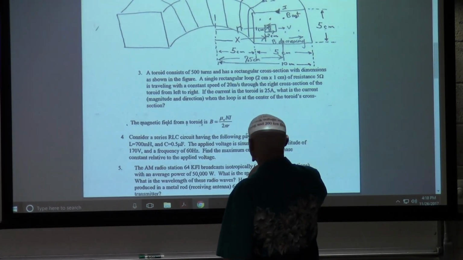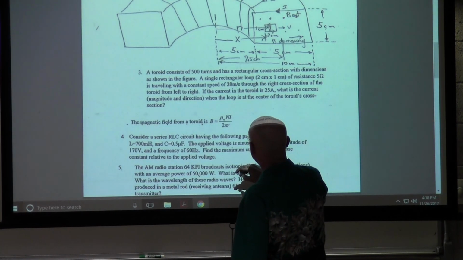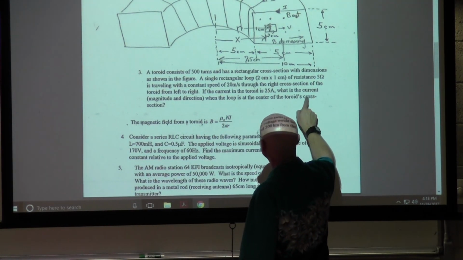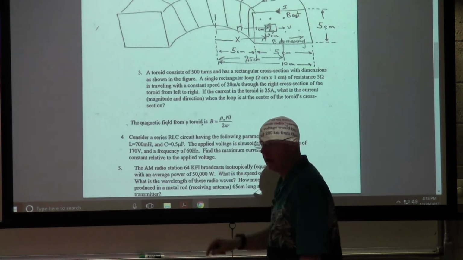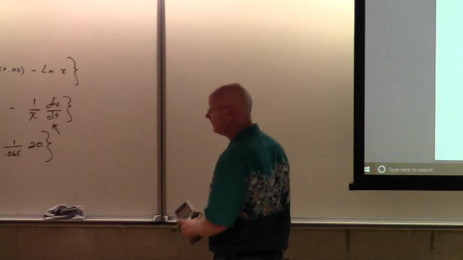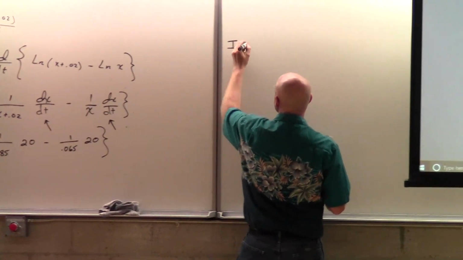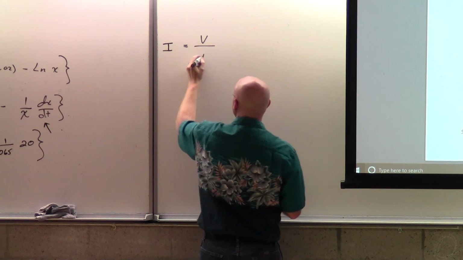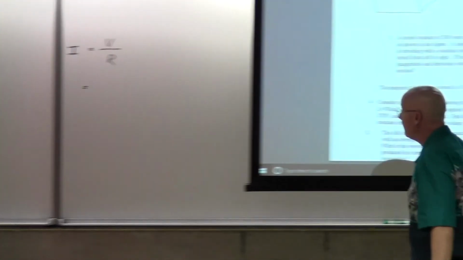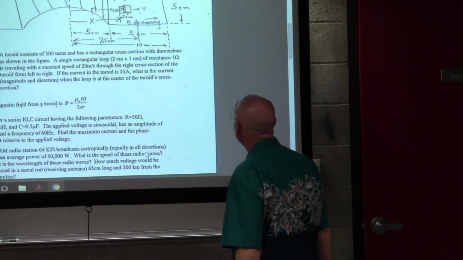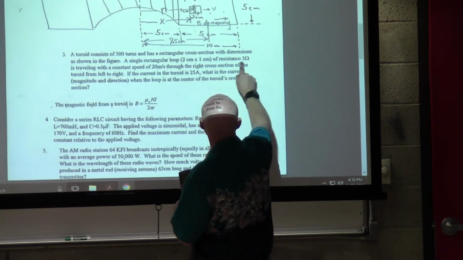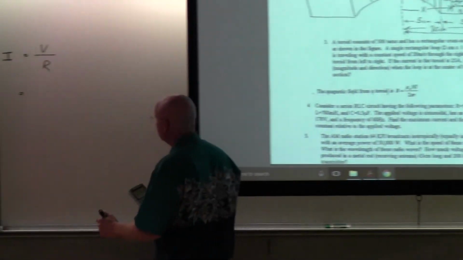Oh, and I guess I'm not quite done, because it says, what is the current in it? All right, so that's the voltage. To get the current, I would have to take the voltage and divide it by the resistance. All right, so I have the EMF, the voltage. What was the resistance of this wire? A resistance of 5 ohms.